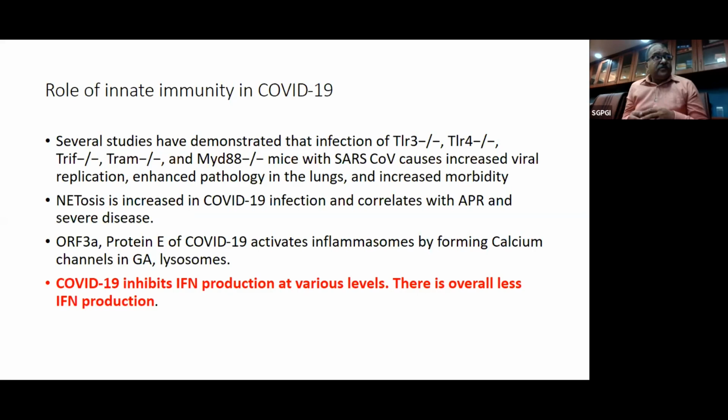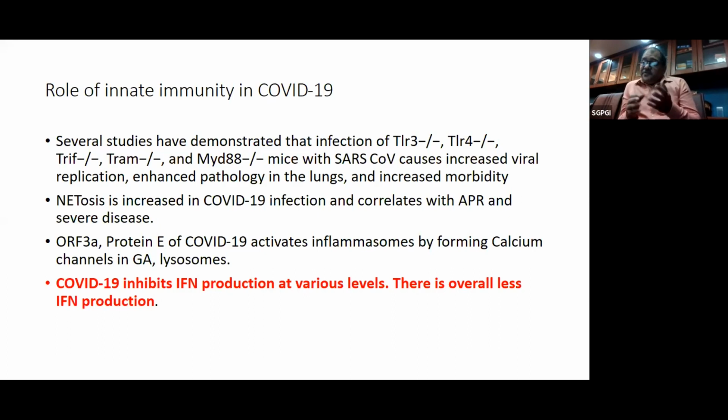So these nets are produced out of neutrophils into the plasma or the circulation, and they entrap either bacteria or viruses. And these nets are actually DNA or histones, and on top of them, they contain the granule enzymes of the neutrophils. And whenever these pathogens come in contact with these nets, they are killed.